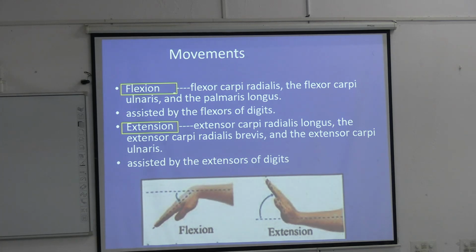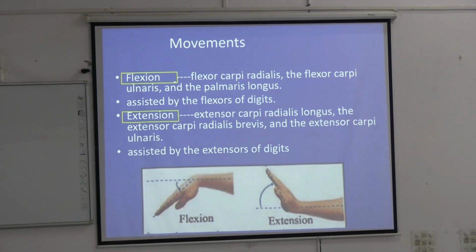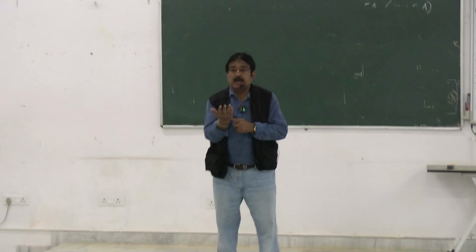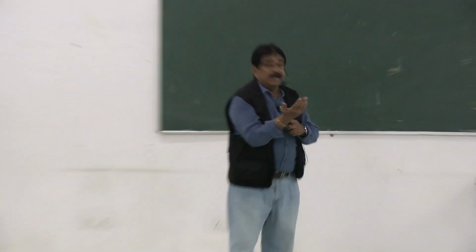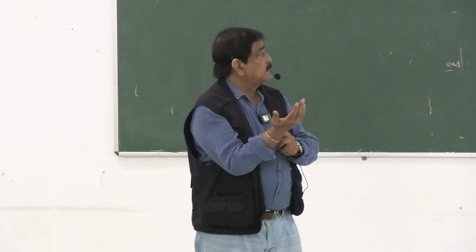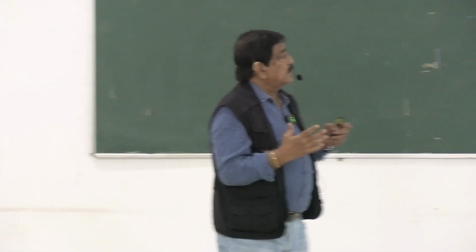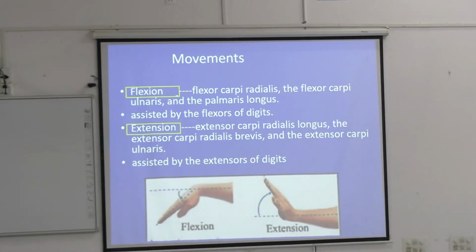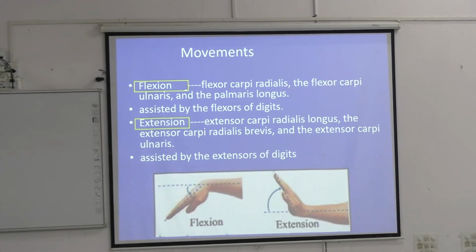Now movements, flexion. For flexion, the flexor carpi radialis, the flexor carpi ulnaris and the palmaris longus. Now for flexion, your flexor carpi radialis, this side, ulnaris, assisted by the flexors of the digits and palmaris longus.